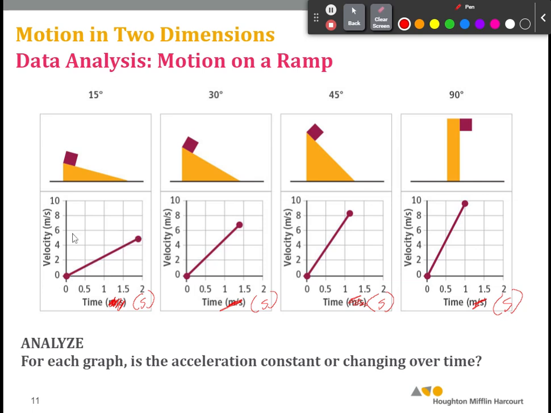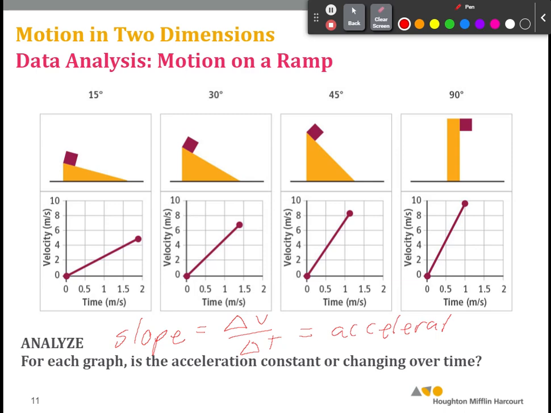And the slope of a velocity versus time graph, the slope, let's see if I can spell now, is going to be the change in velocity over the change in time. This is the definition of acceleration. Change in velocity over change in time.